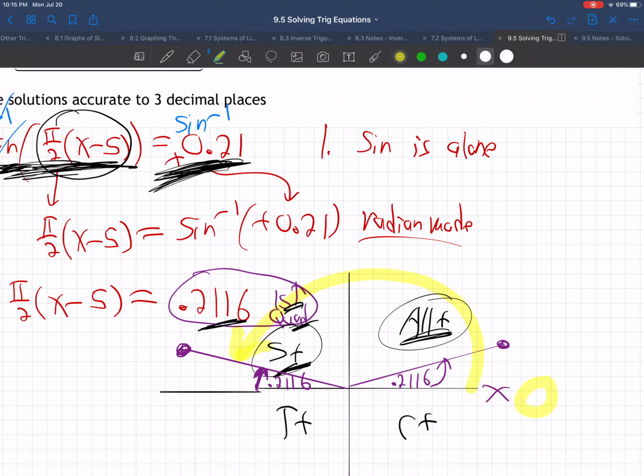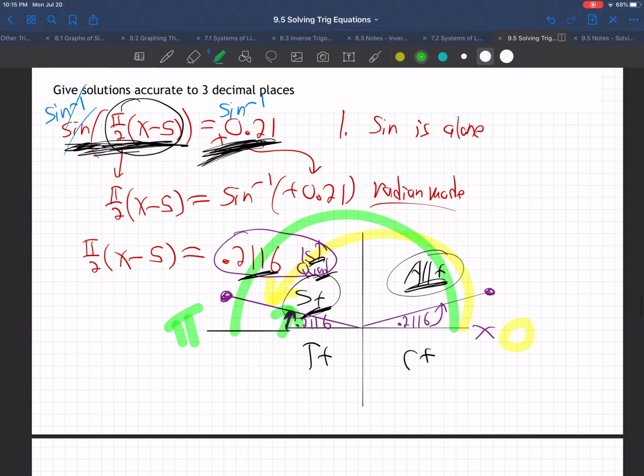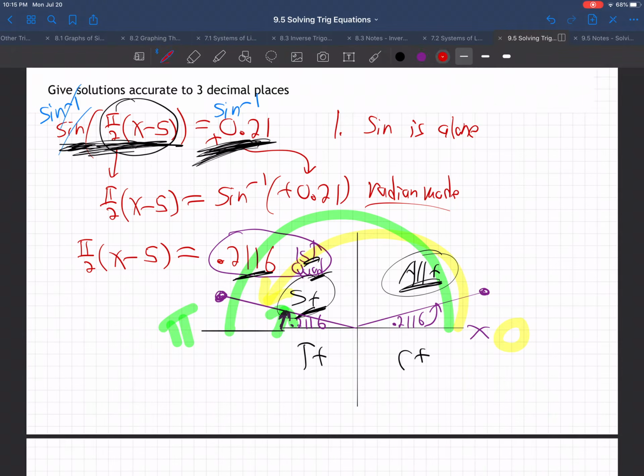Well, how do you figure that out then? You've got to go all the way to pi, and then back up 0.2116. Right? So that's the answer. It's going to be pi minus 0.2116. That's the second quadrant answer.